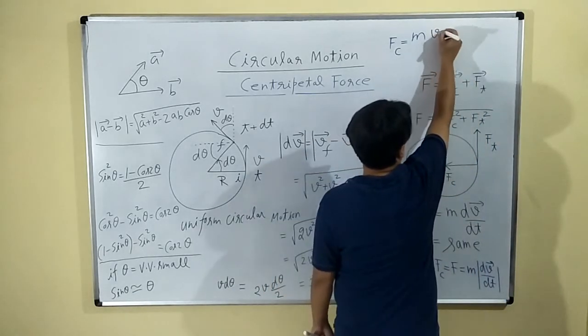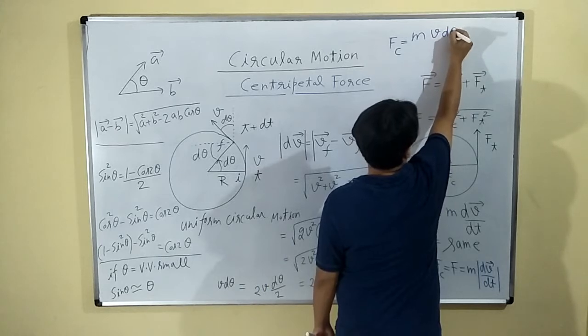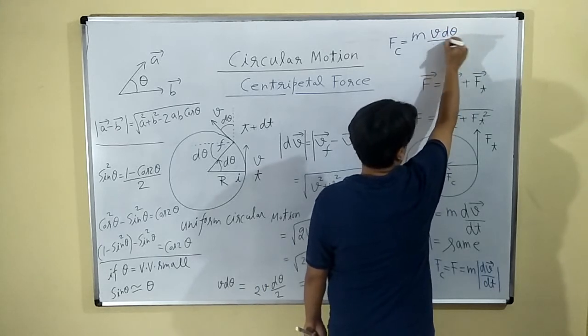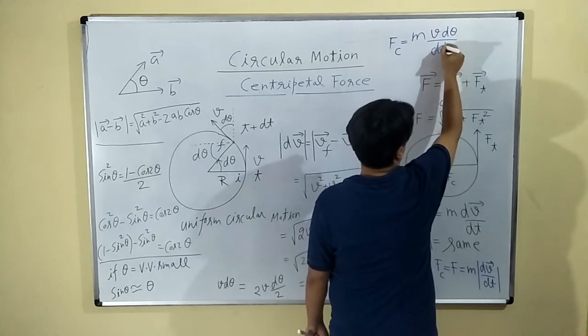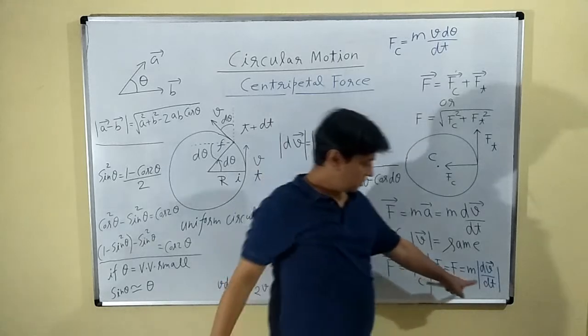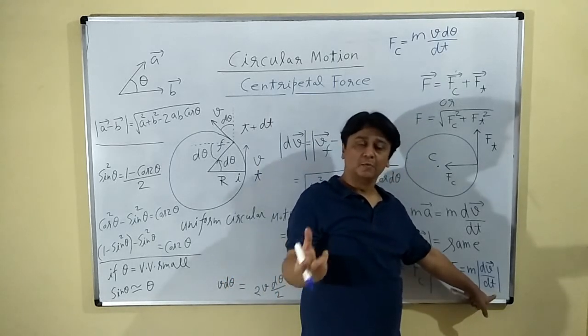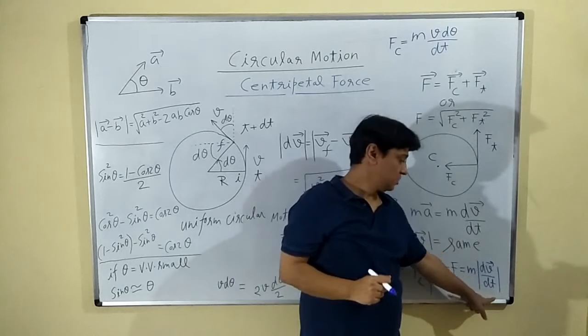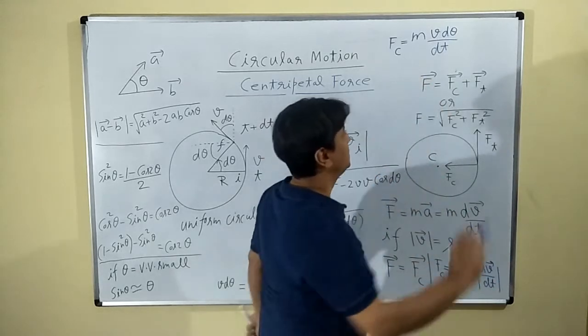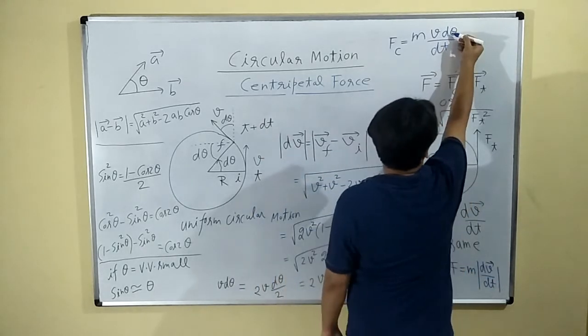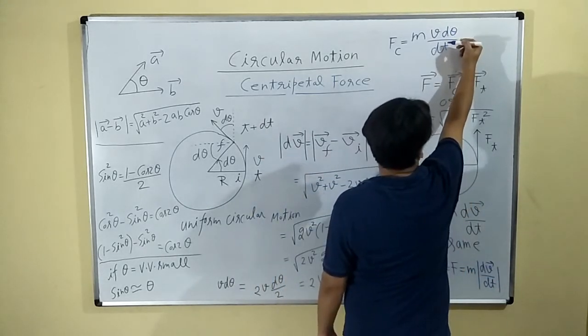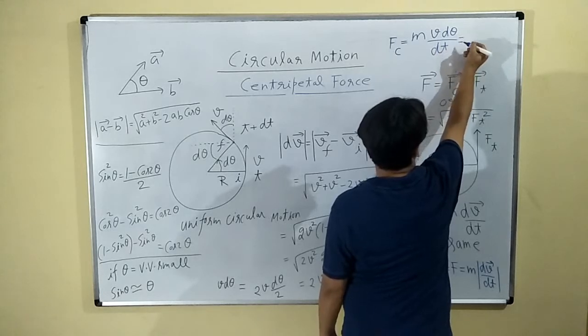V into d theta, this whole thing divided by dt. Well, mod of dt is dt only, because time is a scalar quantity. Now, this d theta by dt, what is d theta by dt?